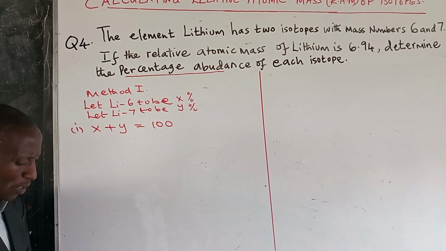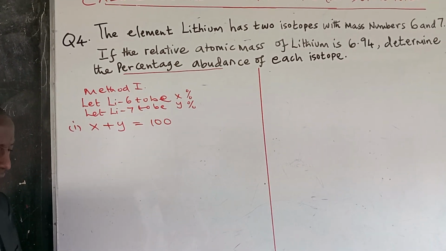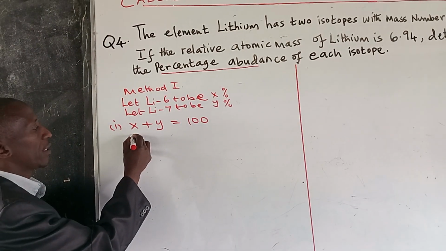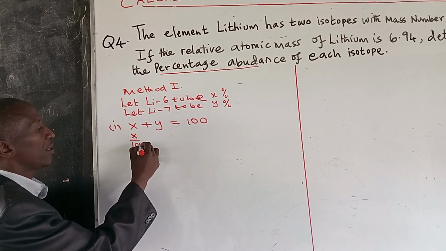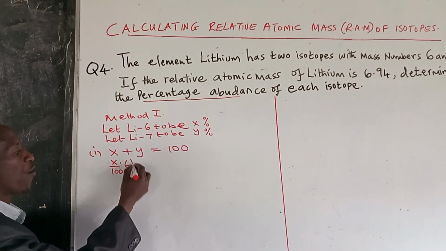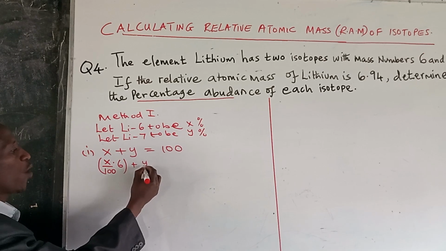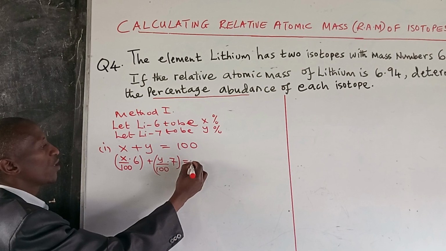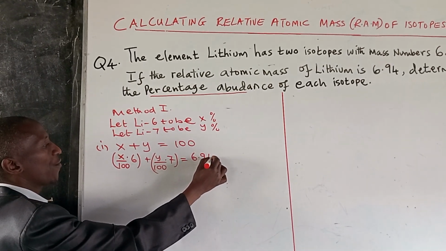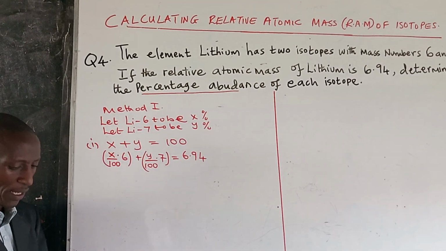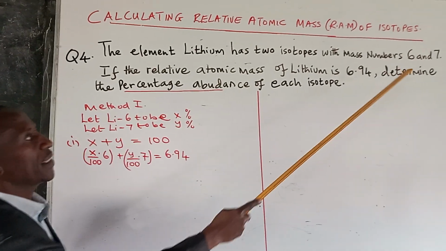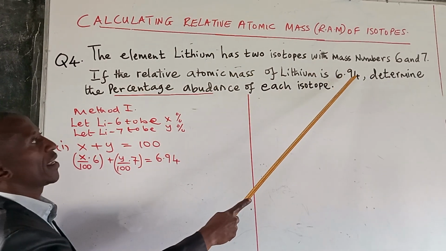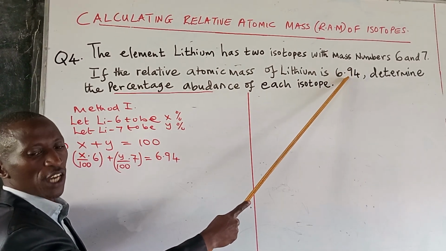The other one is when we look at the equation as we normally calculate it: x out of 100 multiplied by the mass number of 6, plus y out of 100 multiplied by the mass number of 7, should give us 6.94. As we have been given in the question, the mass numbers are 6 and 7 with unknown percentages, but the relative atomic mass is 6.94.